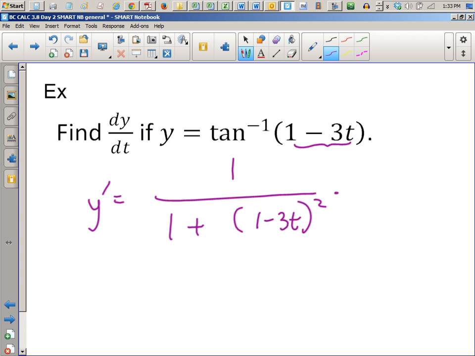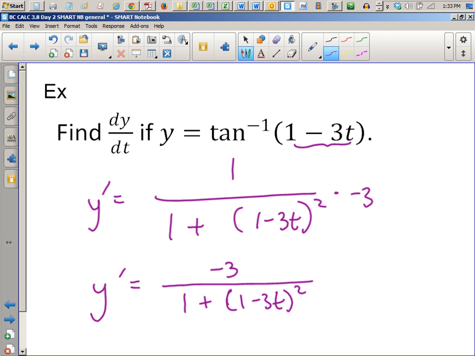That would just be, what's the derivative of 1? 0, and the derivative of minus 3t is? Minus 3. Okay, so this one turns out to be negative 3 over 1 plus (1 minus 3t) squared. Okay, let's try another one. Got to have some variety here.